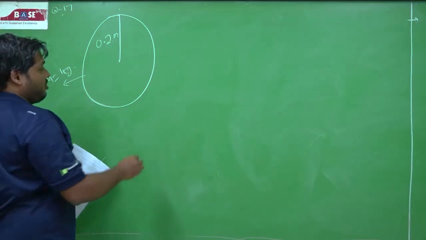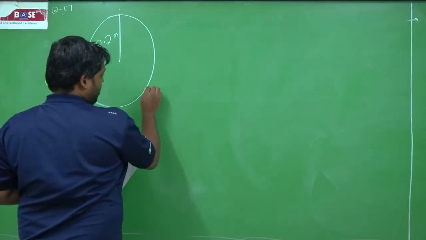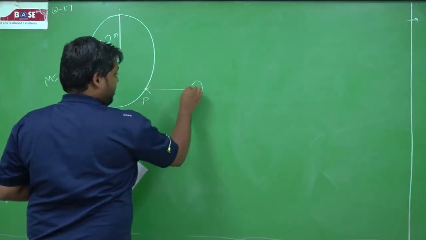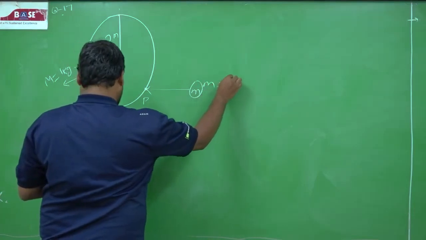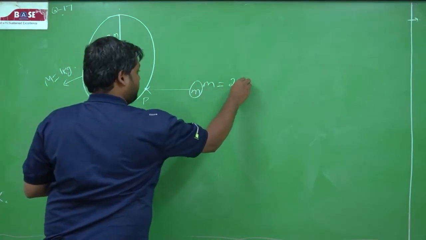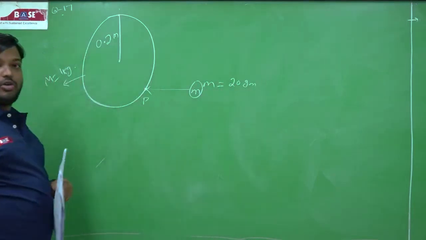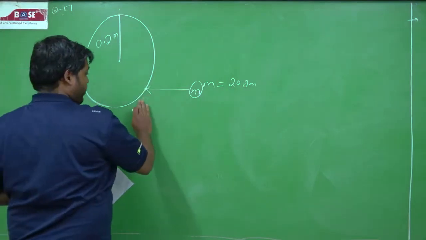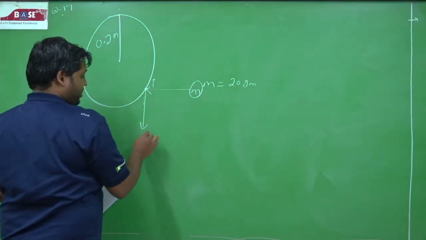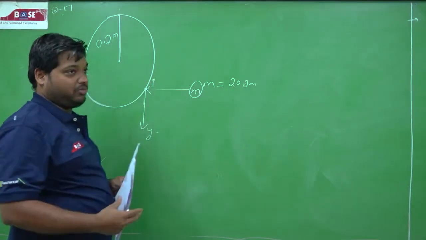Another data is given: somewhere at point P, one small particle having mass m equal to 20 gram strikes, and after striking, it is going at an angle of 90 degree along the y-axis down the plane.